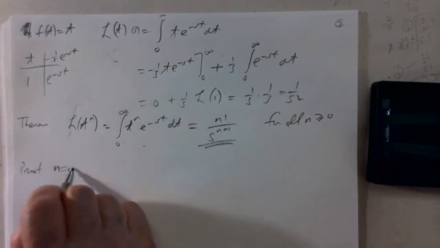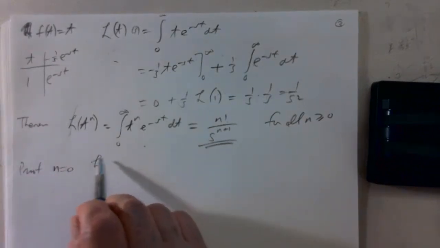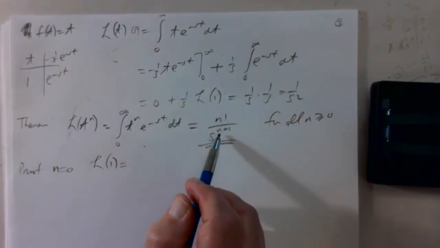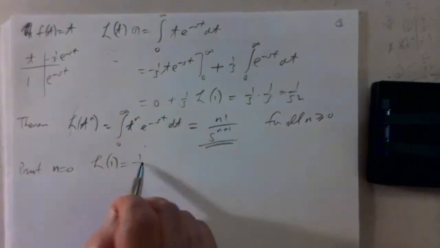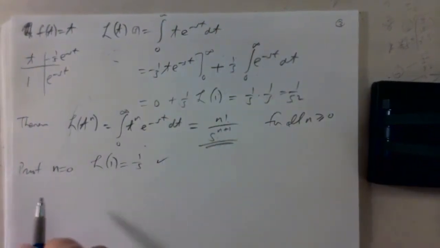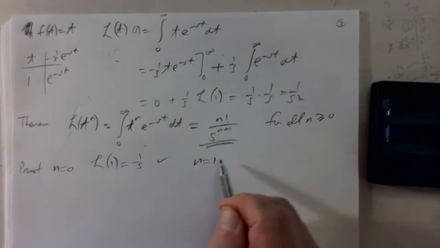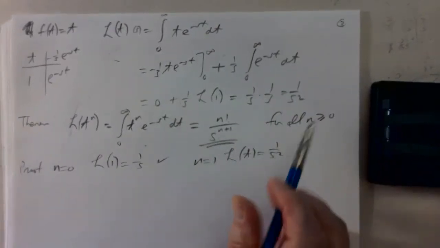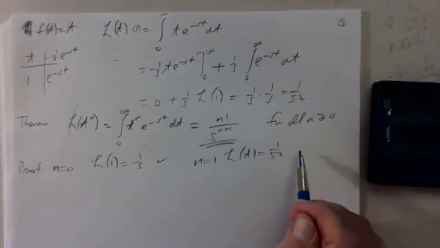So what is this for n equals 0? It says the Laplace transform of 1, with 0 factorial being 1 and s to the 0 plus 1, is 1 over s. We already proved that. And for n equals 1, this says the Laplace transform of t is 1 over s squared. I already proved that.